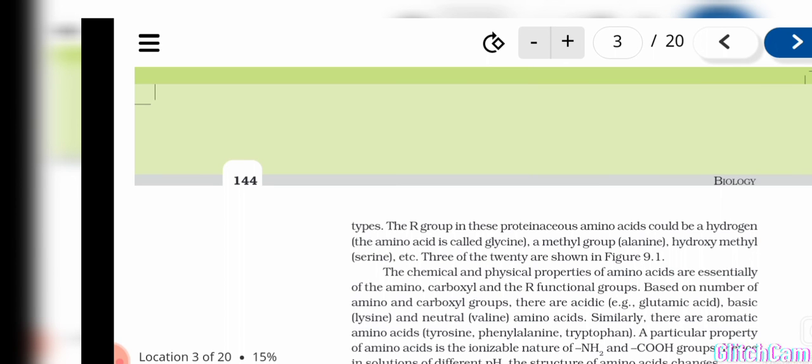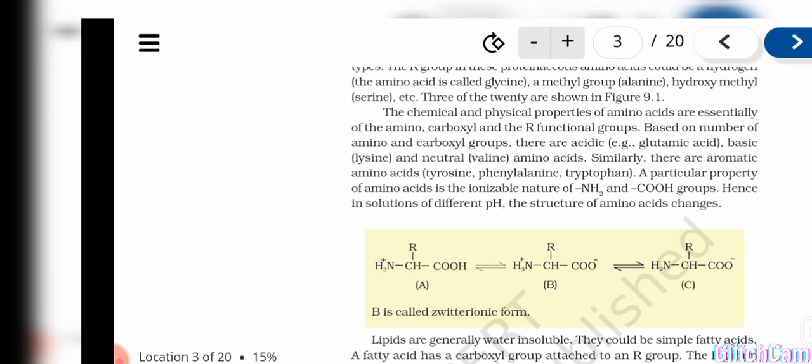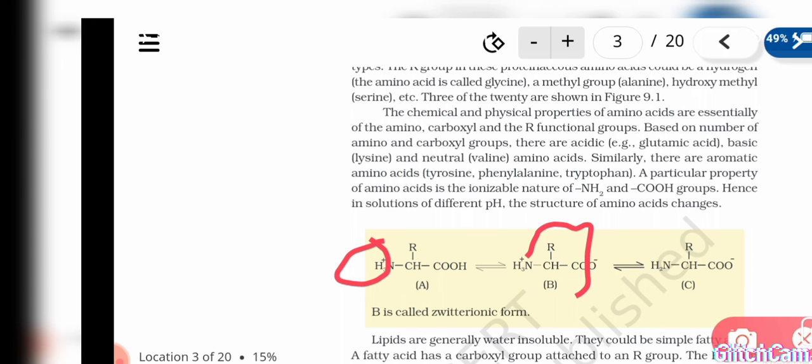Understood? Now I am going to tell you about another property of amino acids, that is the ionizable nature of the amino acid, resulting in the formation of a zwitterion. Zwitterion means what? It carries charge. The amino group will have a positive charge, by adding one hydrogen atom from the carboxyl group to the amino group.